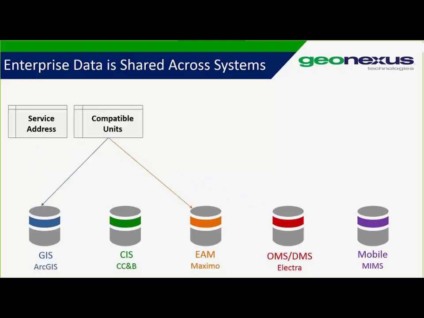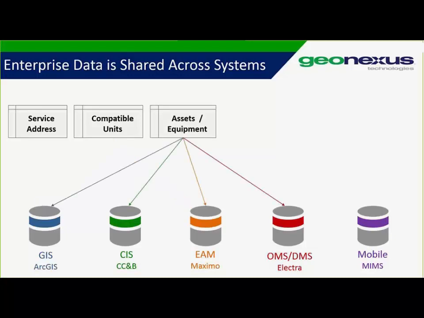Compatible units are used to design new infrastructure, perhaps a new neighborhood's going in, and you want to come up with some estimates for different design scenarios using compatible units. That information is stored in enterprise asset management system like Maximo, but it's very helpful in graphical design to have that information in GIS.